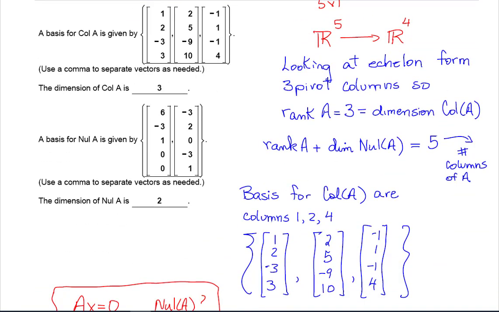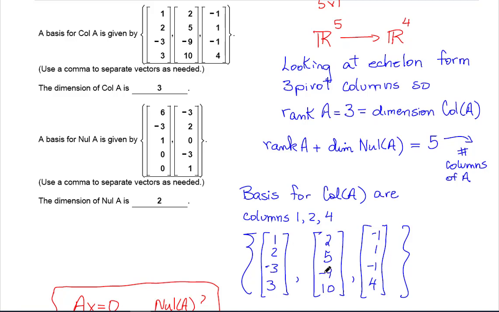We have that the rank of the matrix plus the dimension of the null space has to be the number of columns of A, which is 5 because we're going from R5 to R4. All right, so that was our basis for the column space.